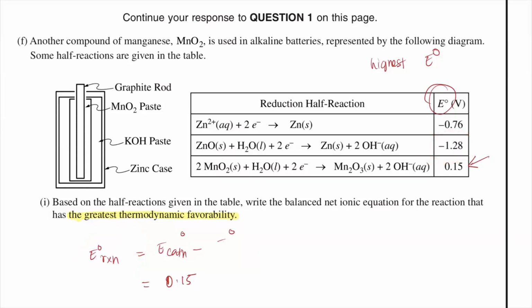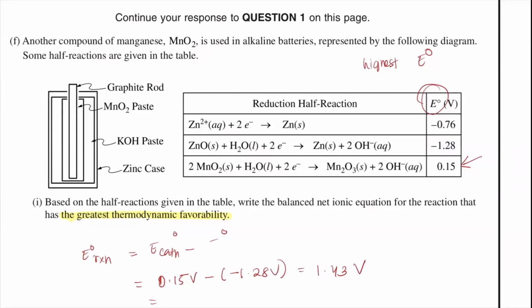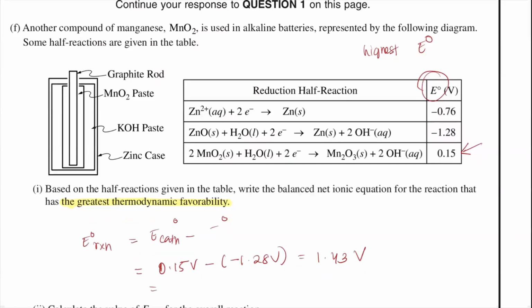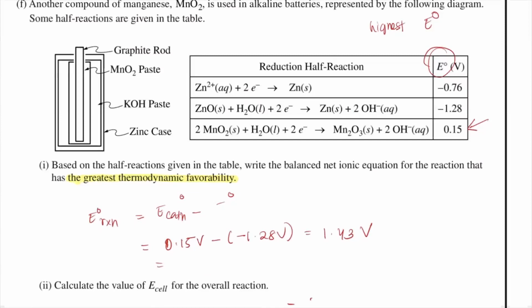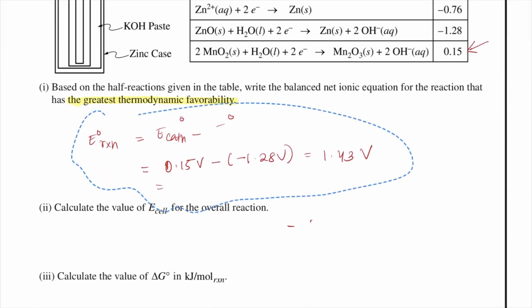So we minus 1.28, and this gives us 1.43 volts. Okay, sorry, this is supposed to be the answer to this one.